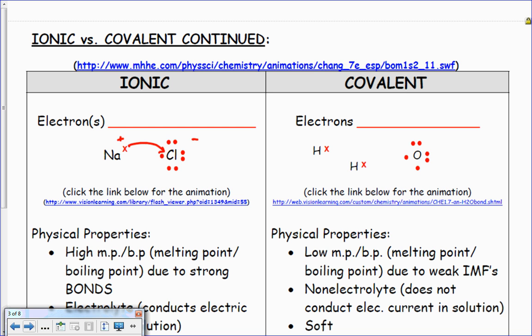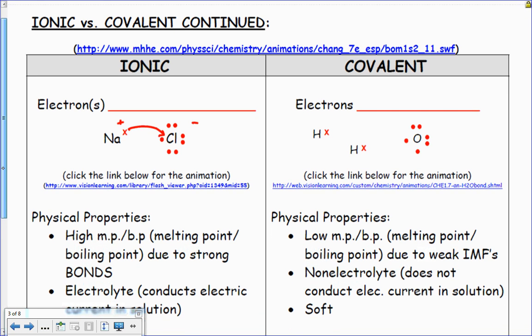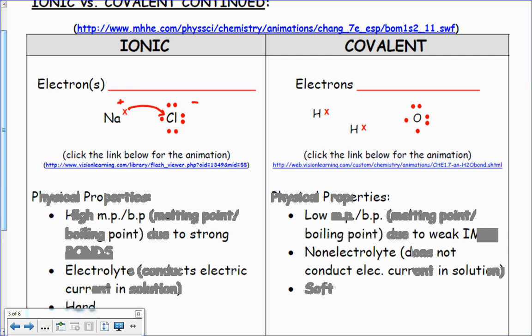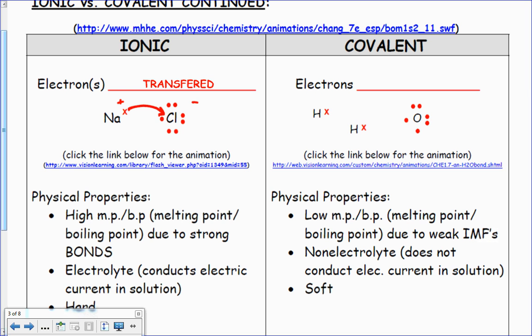So we're going to fill out this chart so we'll know exactly the difference between the two. I'm going to start on the left-hand side with ionic, where the electrons are completely transferred. So you'll see this X is going to jump over here, form a plus and a minus, and that's how Na and Cl are going to bond.